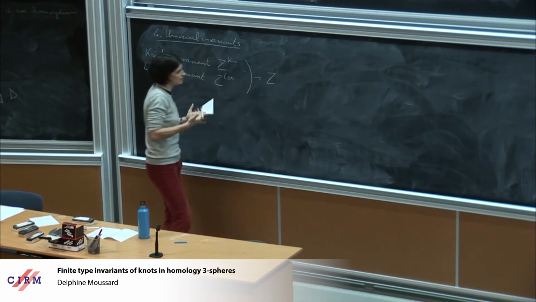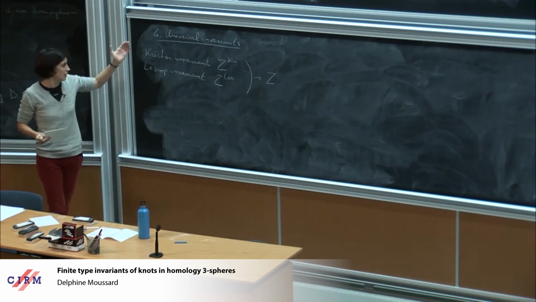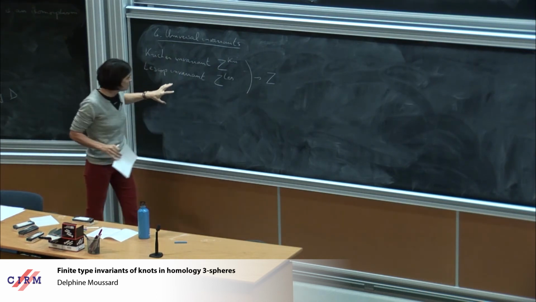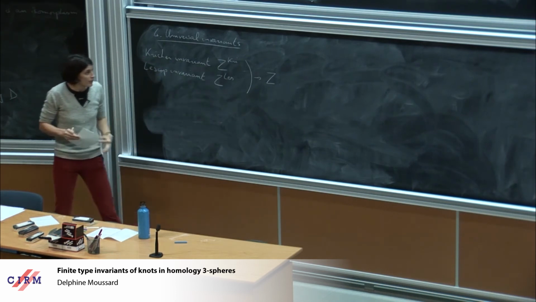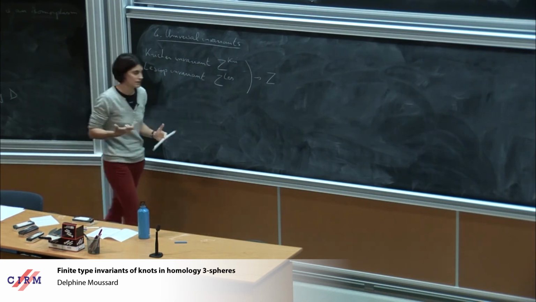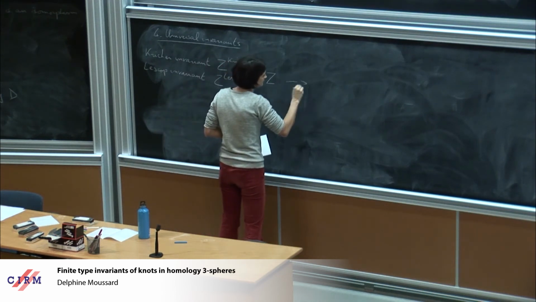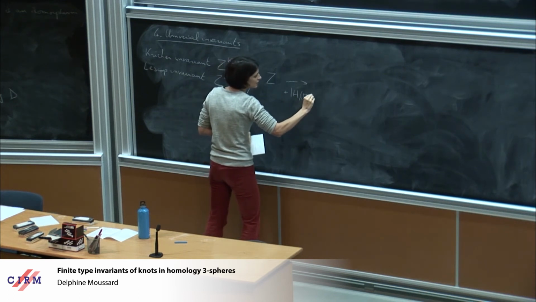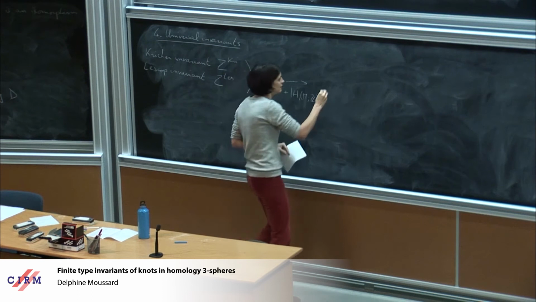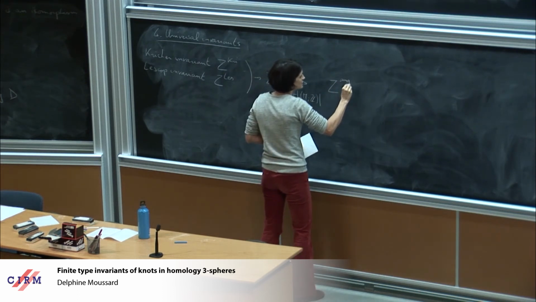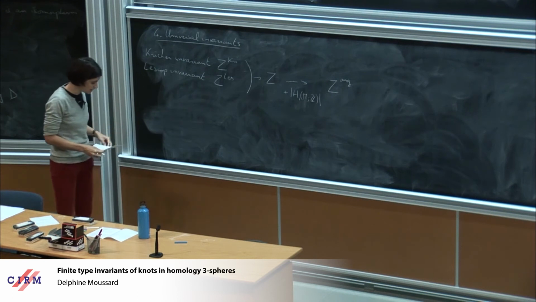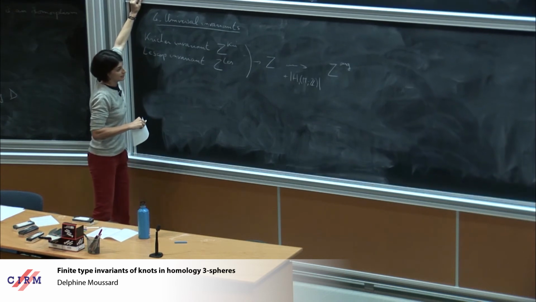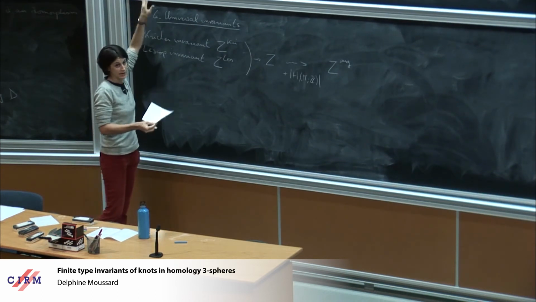So I will just consider an invariant Z, which is either the Kricker invariant or the Lescop invariant. And another thing is that from this invariant Z, we can construct another, more complete invariant, by adding the datum of the first homology group of the manifold. So this gives an invariant that I call Z-aug, augmented.